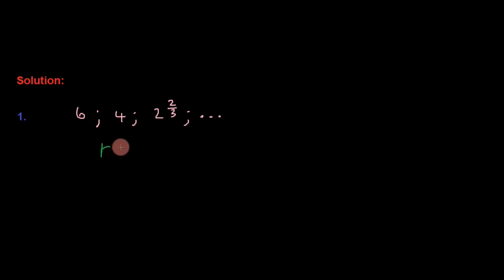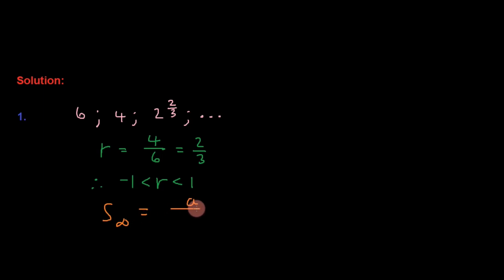So we're going to find R, the common ratio, by taking term 2 divided by term 1, and we see that R comes to 2/3. In other words, R will be between plus and minus 1. So we know that we can use the formula for the sum to infinity of a convergent geometric series.